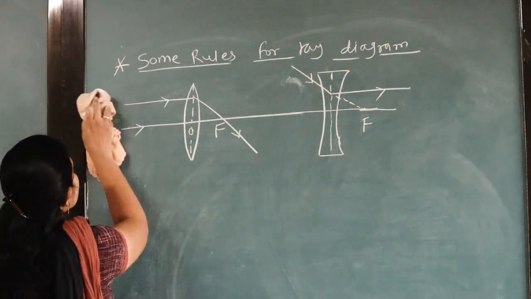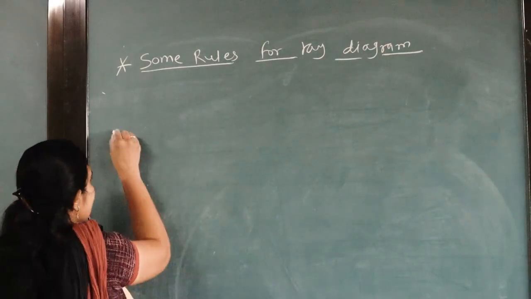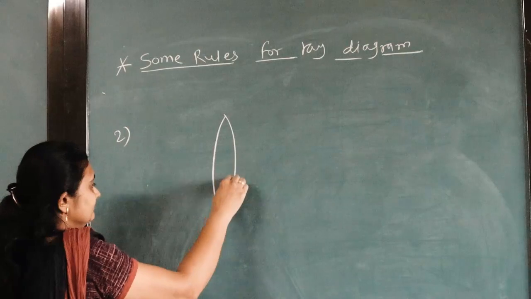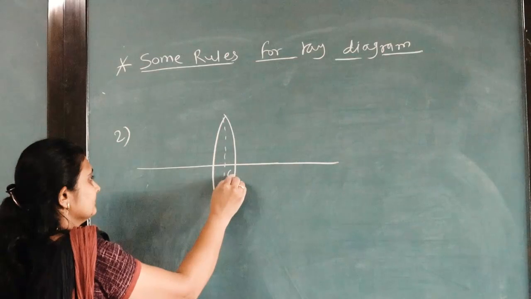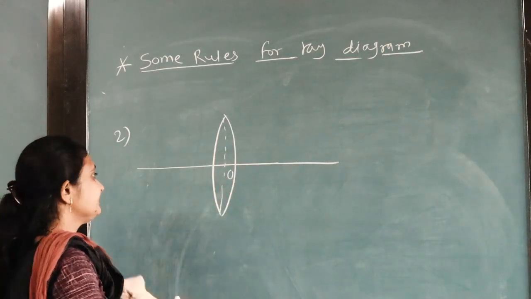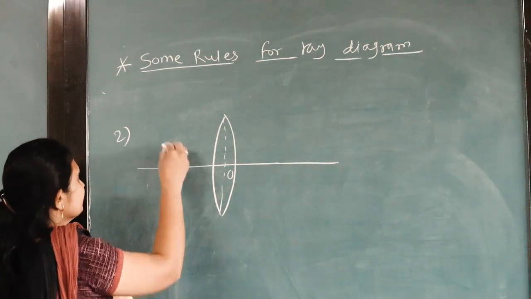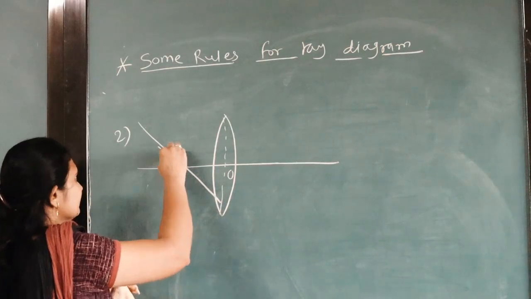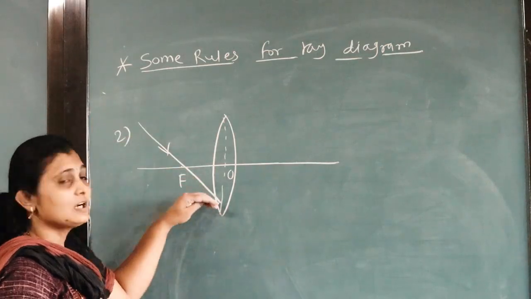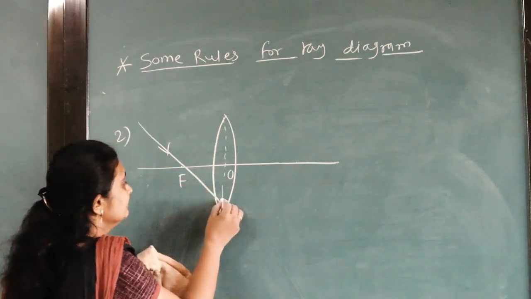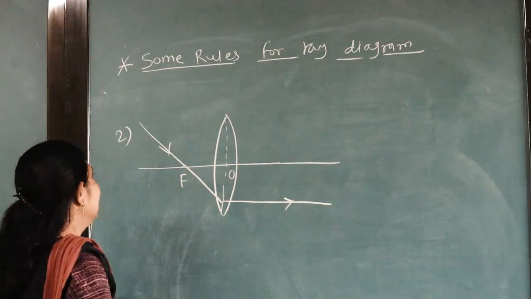Second one, optical center, if a ray is incident from the focus point, after refraction it goes parallel to the principal axis.